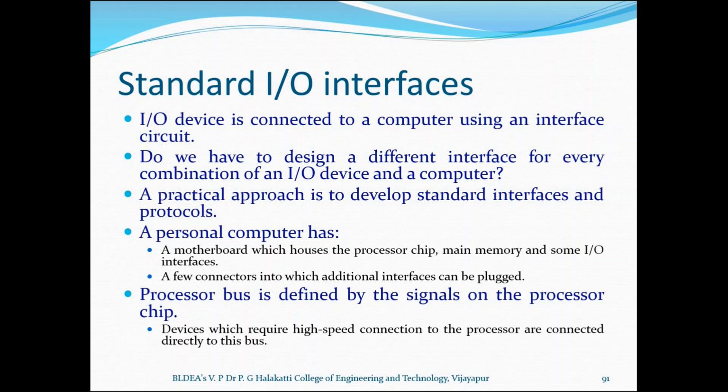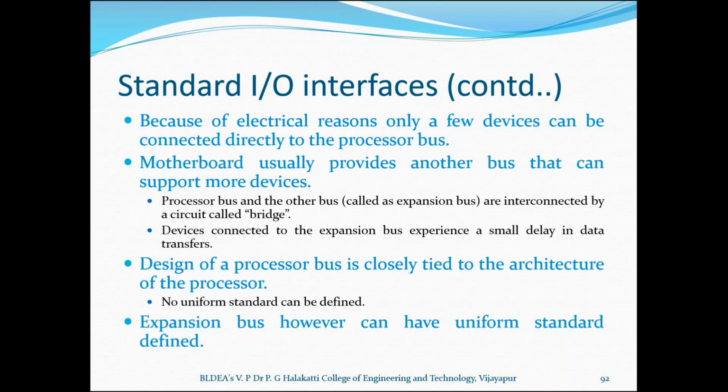Now the two buses are interconnected by a circuit called a bridge that translates the signal and protocol of one bus into the format of the other bus to facilitate efficient data transfer.